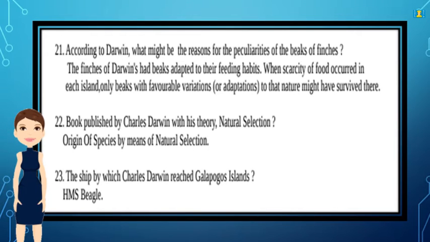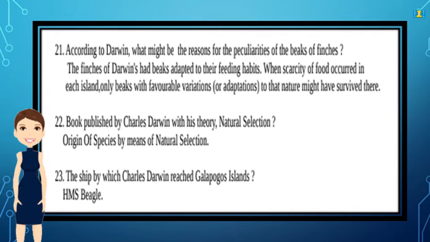According to Darwin, what might be the reasons for the peculiarities of the beaks of finches? The finches had beaks adapted to their feeding habits. When scarcity of food occurred in each island, only beaks with variations favourable to that nature might have survived there.